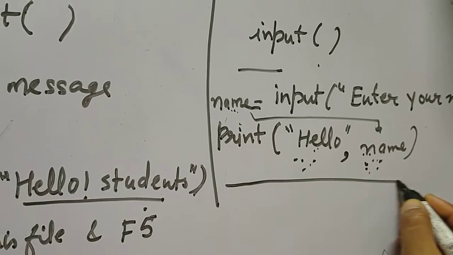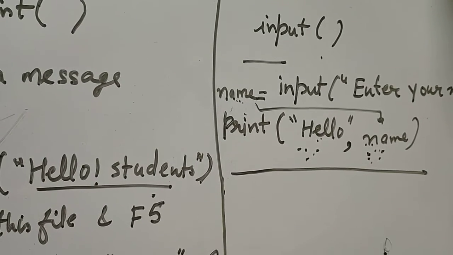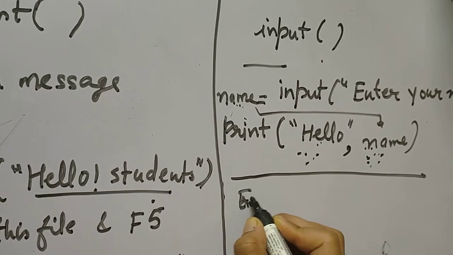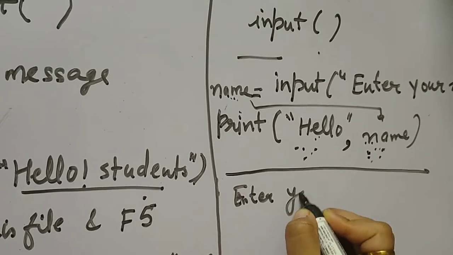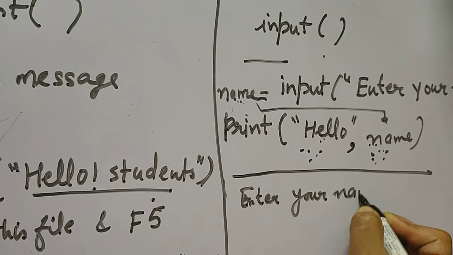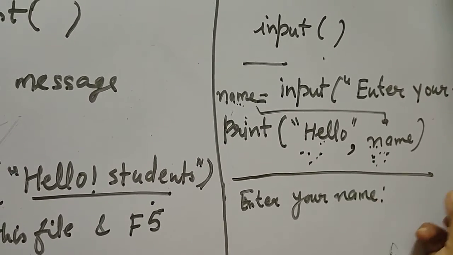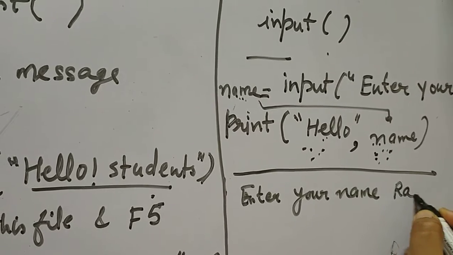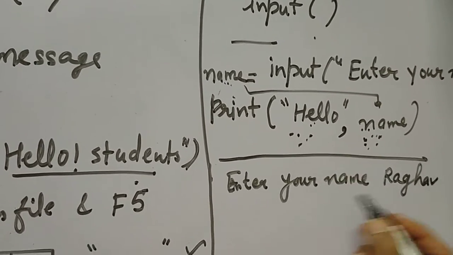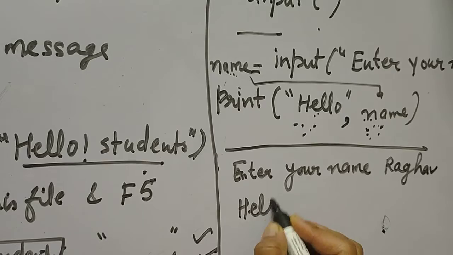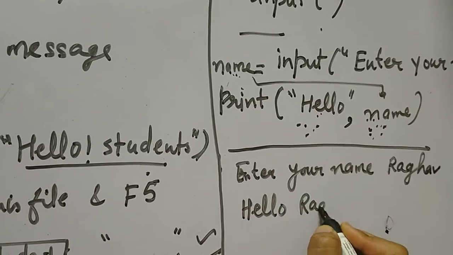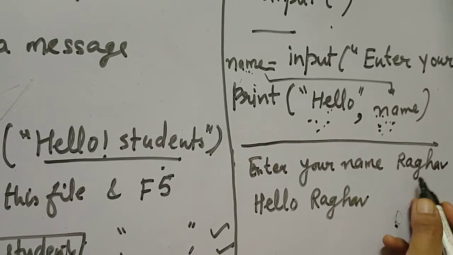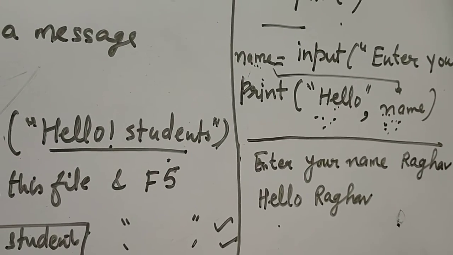Whenever we save the program and run it, on the output screen there is a message: enter your name. Whatever name you write, suppose Raghav, the message will be hello Raghav. If you write Geeta, then hello Geeta will be displayed.